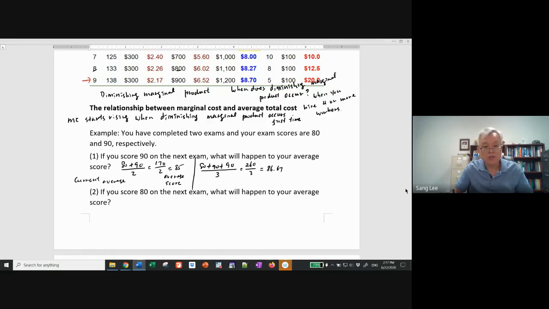So previously your average was 85. Now, after 3 exams, if you score 90 on the last exam, your average will go up to 86.67. Why? Because the average is what you have gotten so far. Marginal means when you take one more exam, or, for marginal cost, when you produce one more unit.